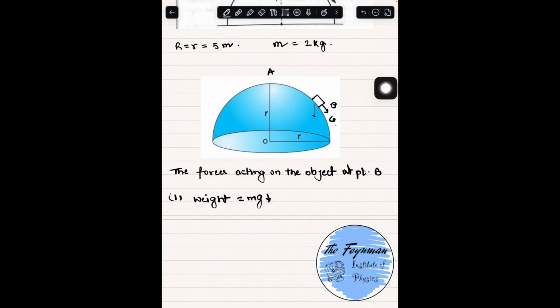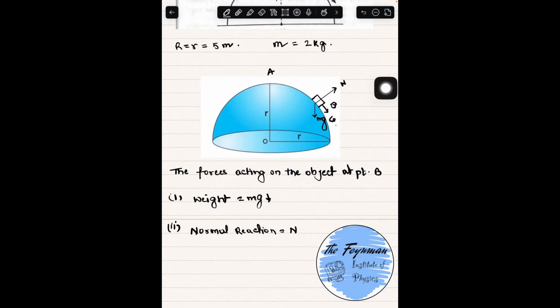And the second one is the normal reaction due to the hemisphere, that is N. The normal reaction acts outward, away from the surface.